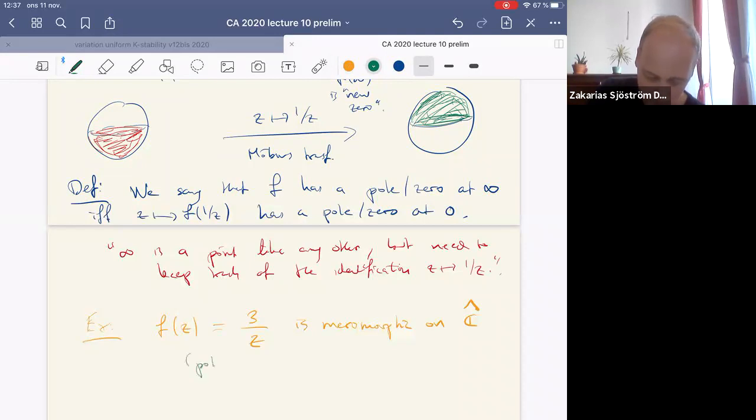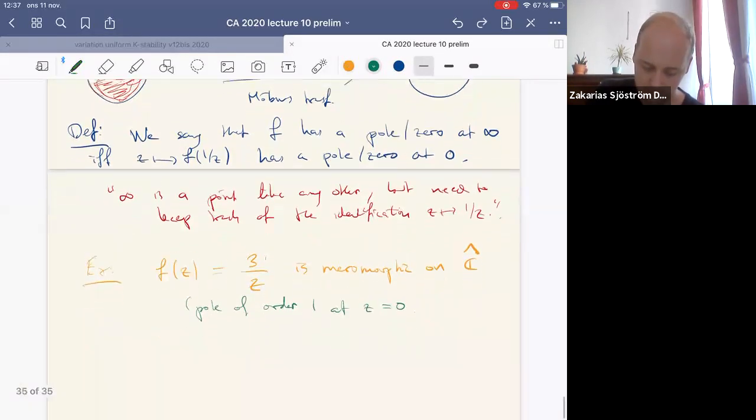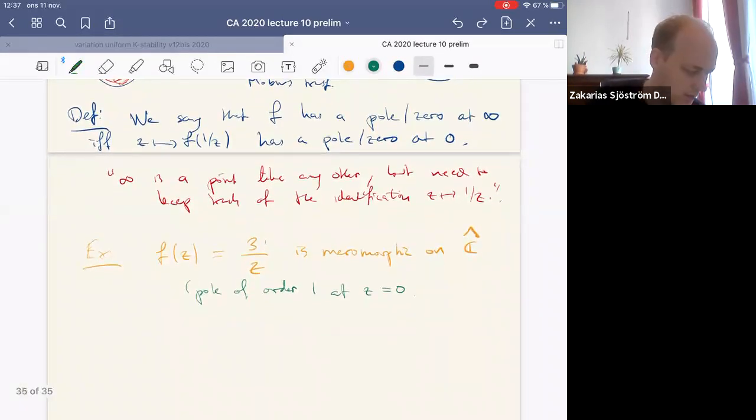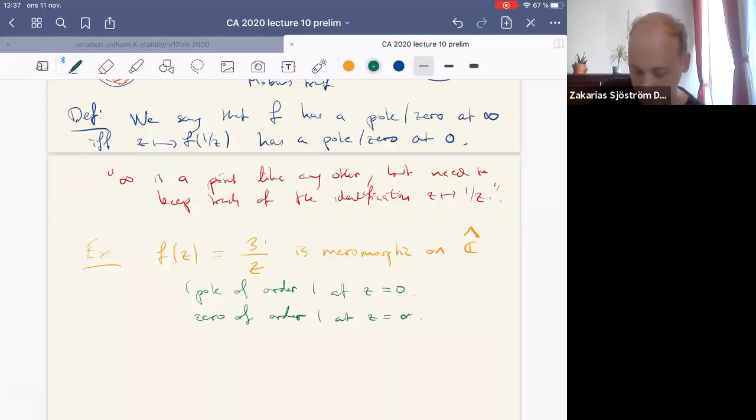It has a pole of order 1 at z equals 0, because when z is 0, it blows up. But then it also has another singularity, another 0, rather. So it has a 0 of order 1 at infinity.